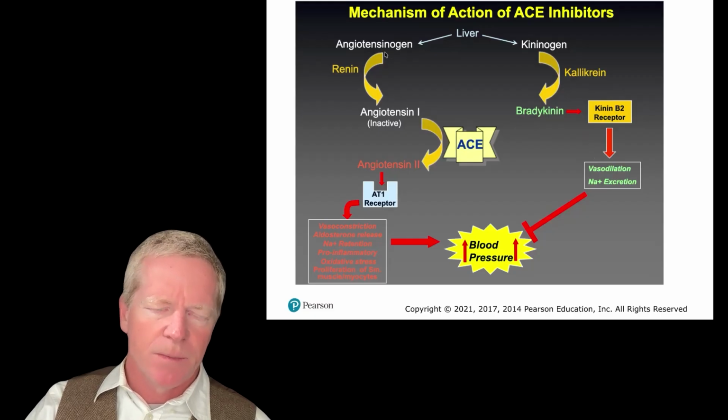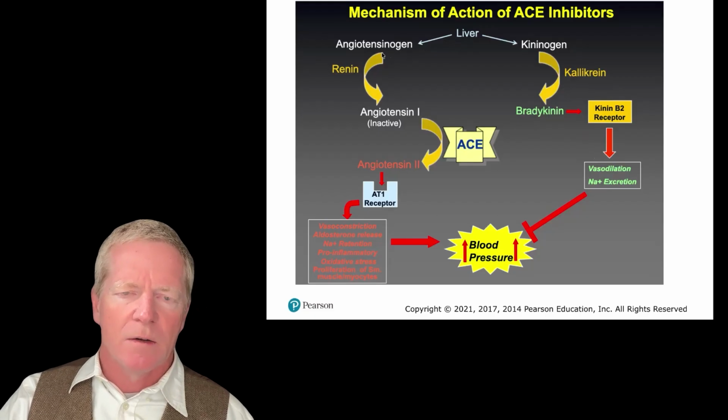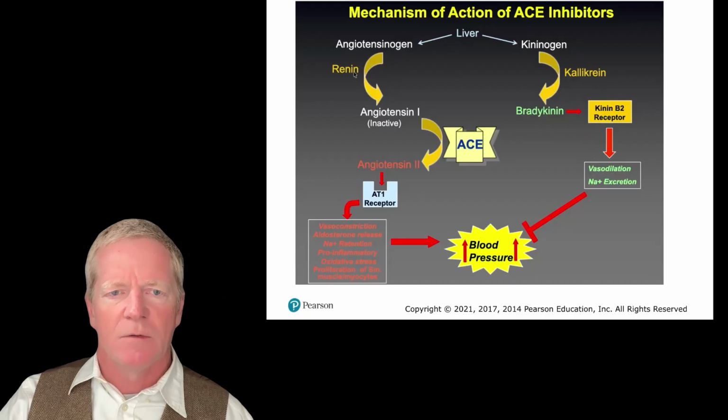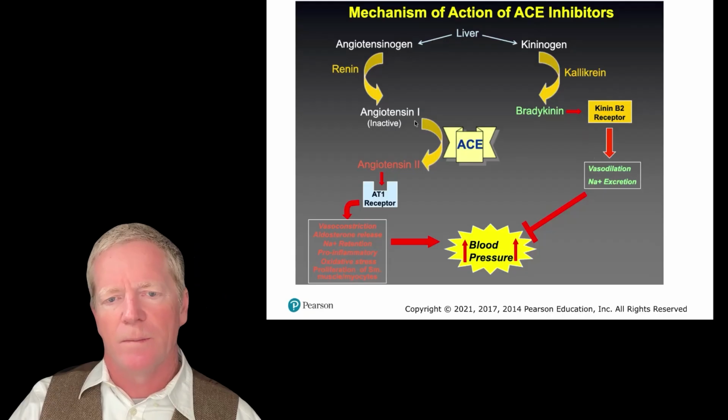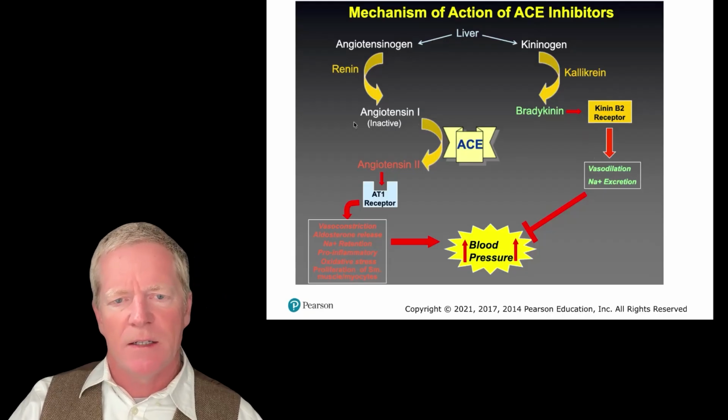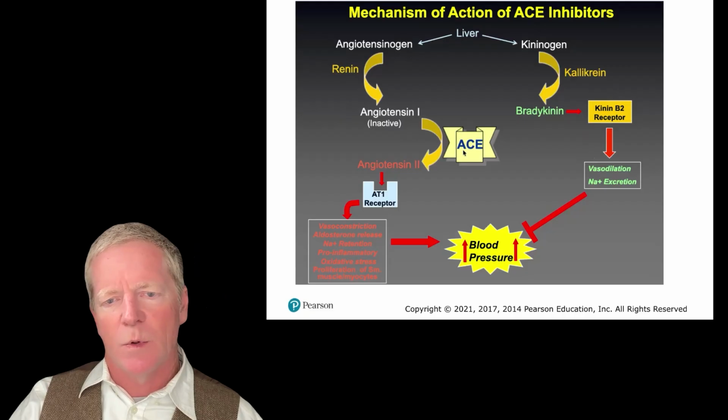angiotensinogen, and renin converts angiotensinogen. It's an enzyme that converts angiotensinogen into angiotensin 1. Angiotensin 1 is still an inactive molecule. It is converted by an enzyme called angiotensin converting enzyme into angiotensin 2.